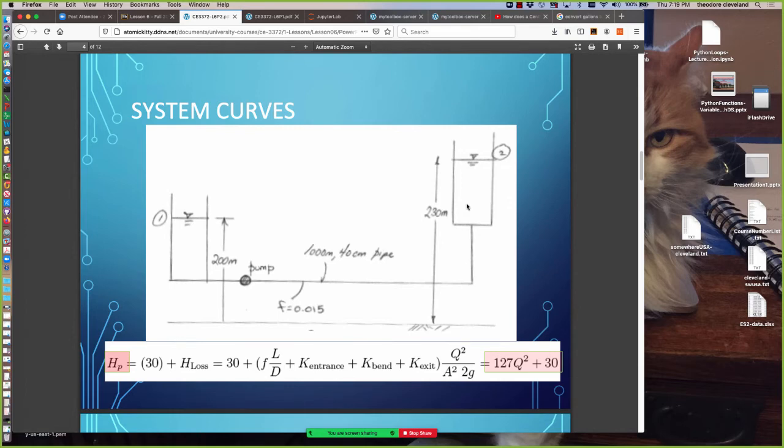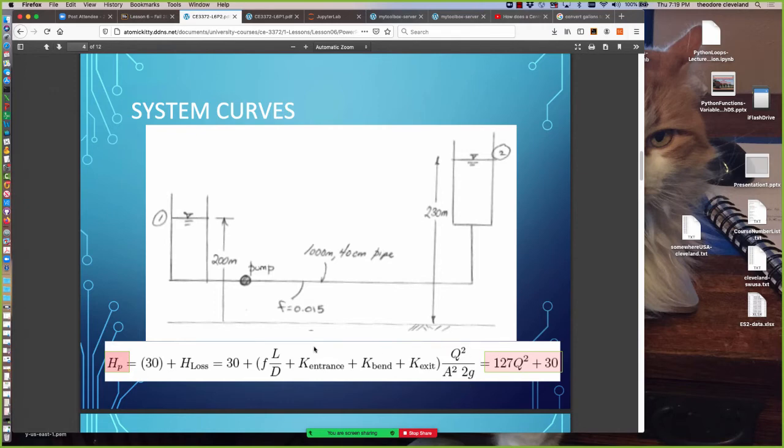That equation can be rearranged to give the added head of the pump, meaning the energy the pump has to supply, equal to 30 meters of head plus whatever the head loss is. That equals 30 plus (fL/D plus the entrance coefficient, bend coefficient, exit coefficient) times Q squared over A squared 2g.